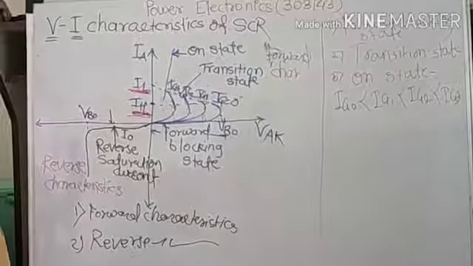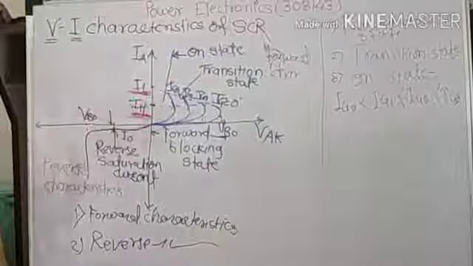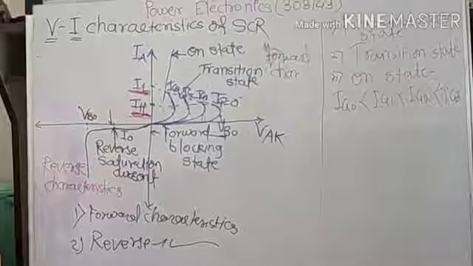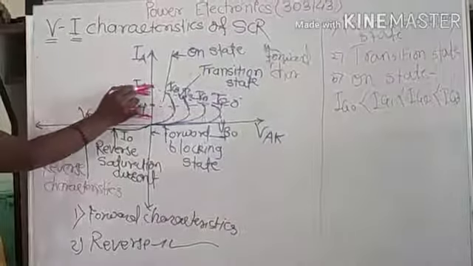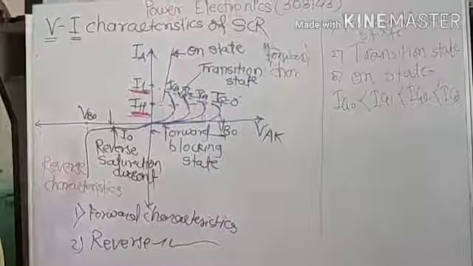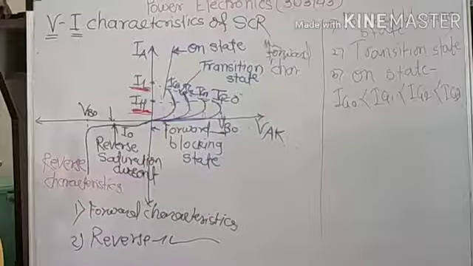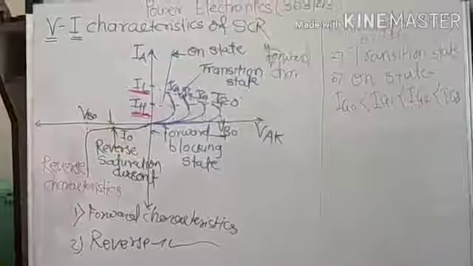And the third difference is that when your current goes below the holding current, the SCR gets turned off. But when your current goes below the latching current, the SCR remains in the on condition. It does not turn off. This is the basic difference between holding current and latching current.